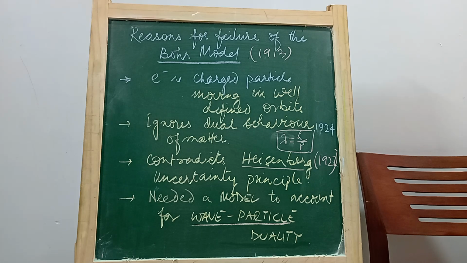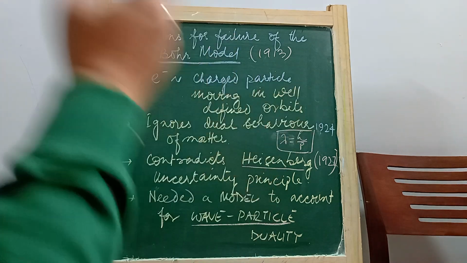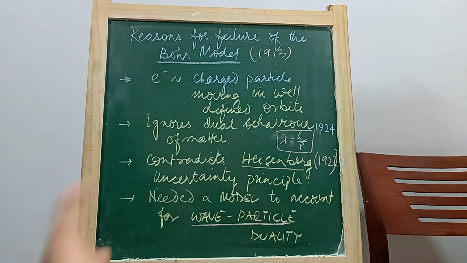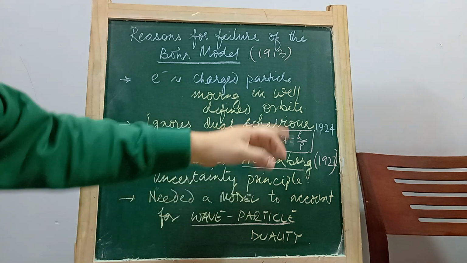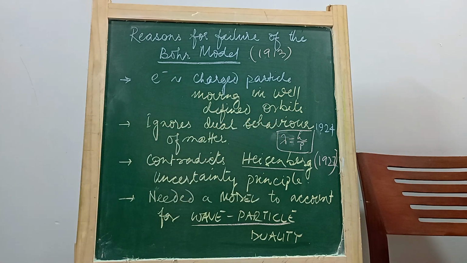Okay, let's try to understand why the Bohr's model, which was proposed in 1913 by Niels Bohr, especially for the hydrogen atom and similar species like helium ion, lithium ion, and beryllium ion, fails to predict the structure and other phenomena that were discovered later on, in 1924 and 1927 by de Broglie and Werner Heisenberg in 1927.